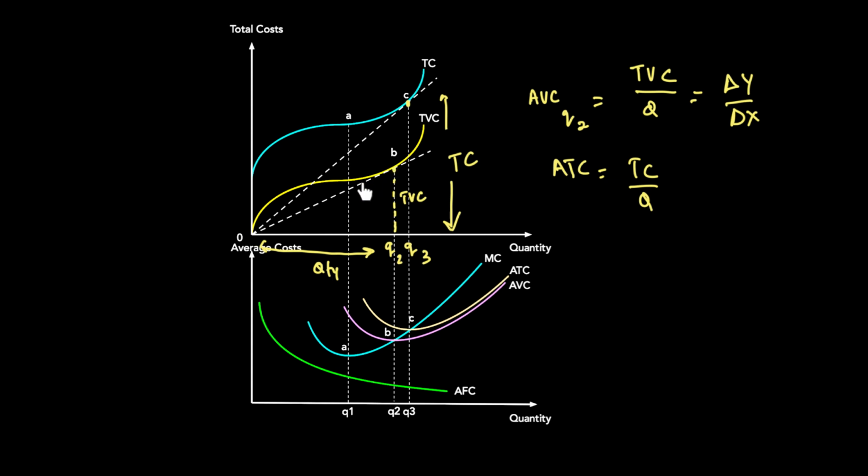Point B, where the slope of the line drawn from the origin to TVC is the flattest, is the point where AVC is minimum. And similarly, the flattest line drawn from the origin to TC is the one where ATC will be minimum. The flattest means that both B and C are forming a tangent to your TVC and TC.